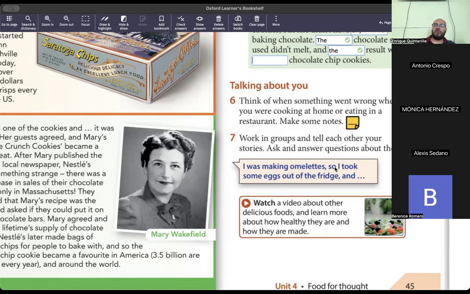Yeah, you copy me because my wife and I were cooking bolognese pasta yesterday. I was cutting the vegetables and she was cooking. It was delicious too.